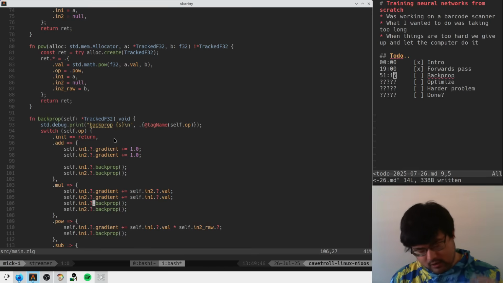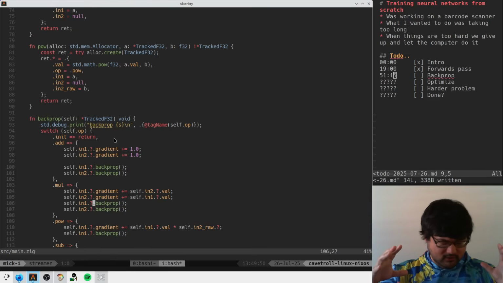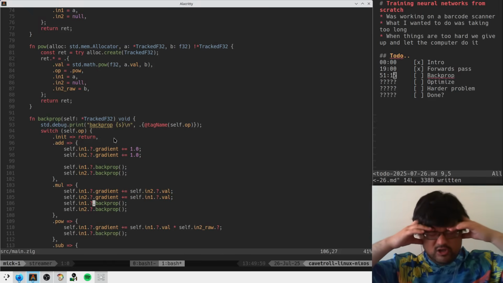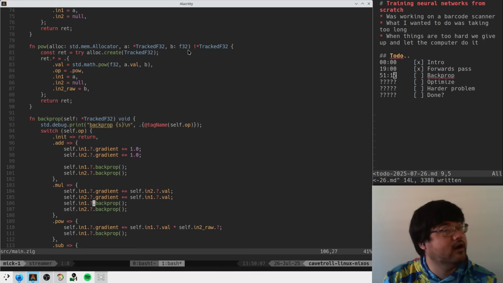I can only differentiate until I've looked at the whole graph. Oh, god damn it. As we walk, we have to do gradient accumulation or something. Yeah, there's something there.